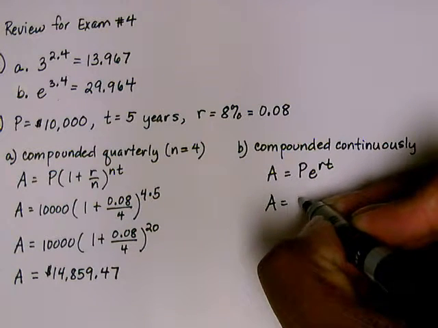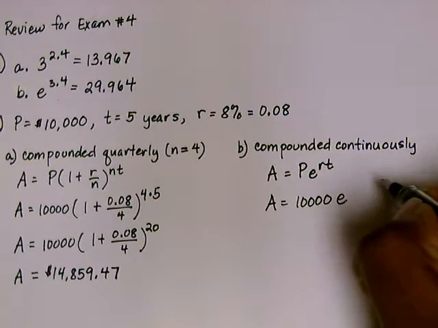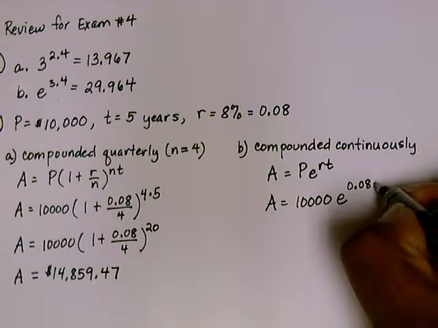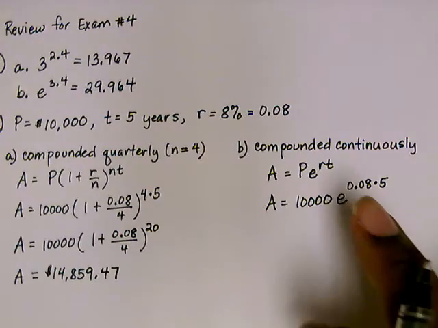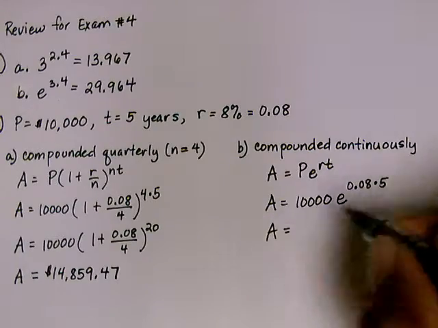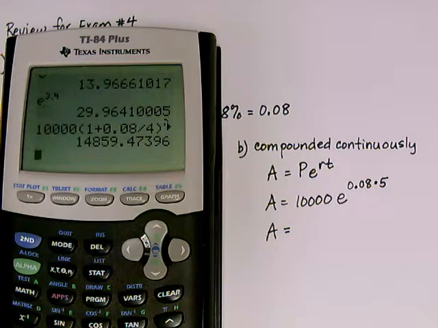So in this case, we substitute the P with 10,000 times e to the r, that's going to be 0.08 times t, which is 5. Now this expression we can type into the calculator to find out what our accumulated amount is going to be. So here I'm going to type in 10,000.